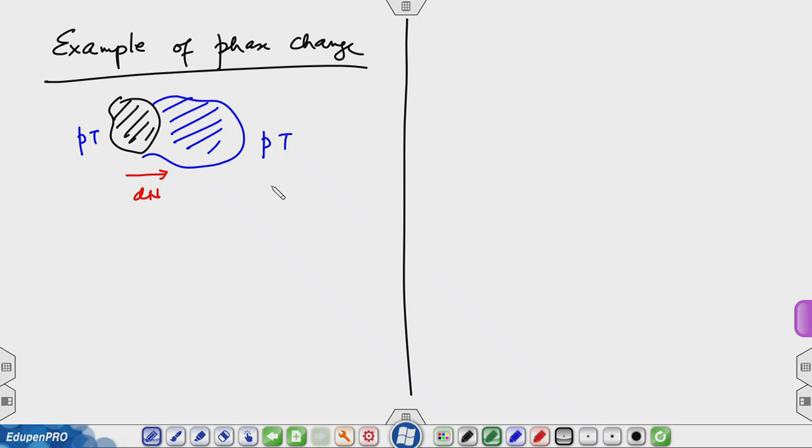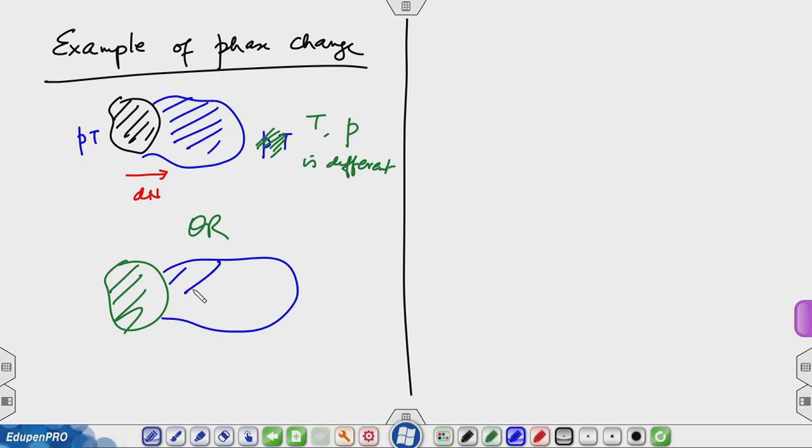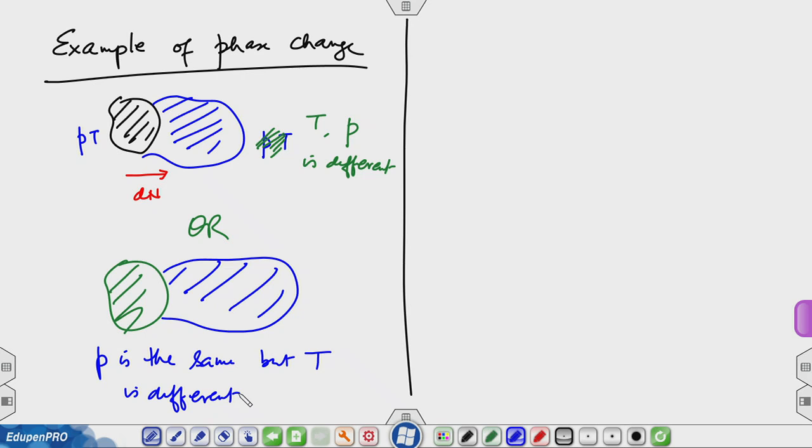So temperature suppose is the same and P is different. Or you have one phase, another phase, P is the same, but T is different. Or both.